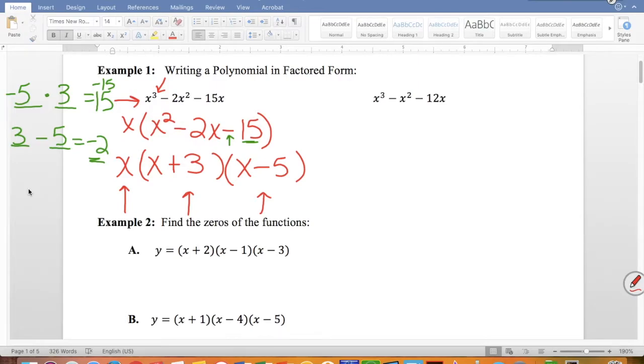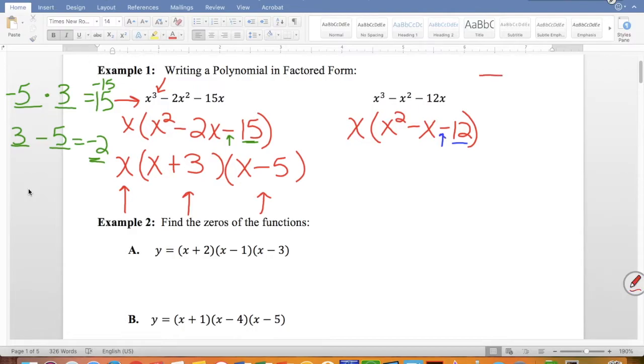Again, the 3 terms all have an x in them that we could factor out first, which would then leave us a quadratic inside our parentheses. So this time we're looking for factors of 12 that have a difference of -1.